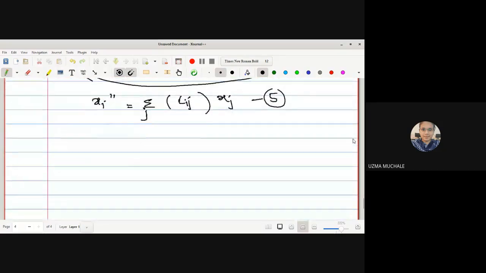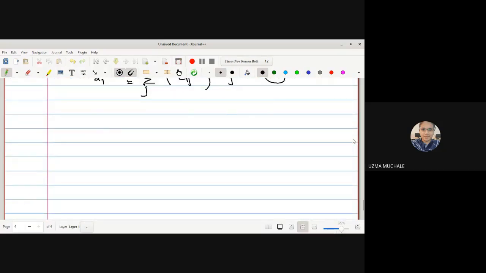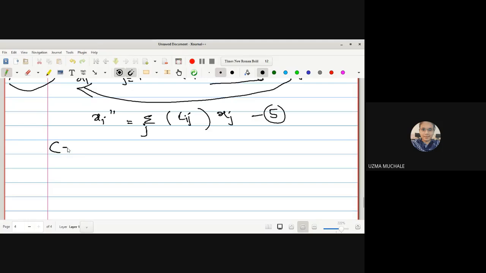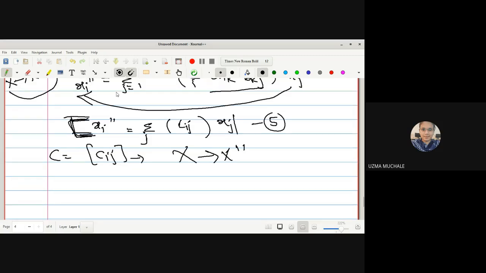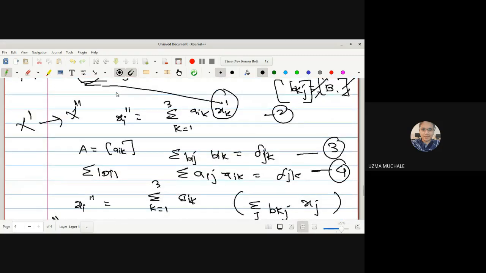Now C, Cij, is a matrix of transformation from x to x double dash. Now we have to show that the equation 5 we have obtained is again an orthogonal transformation. How to show this? We have to satisfy the orthogonality condition. This condition should be satisfied: equations 3 and 4.